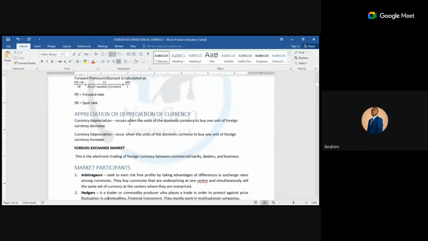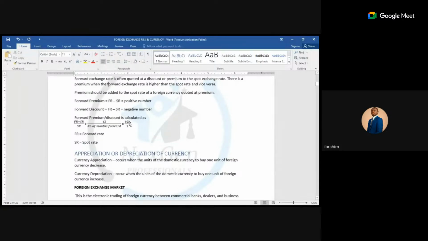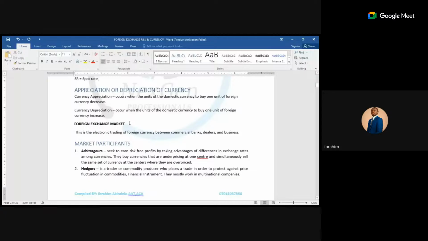Let's quickly talk about appreciation or depreciation of currency. Class, how do we know if a particular currency is appreciating or depreciating? What is the sign?